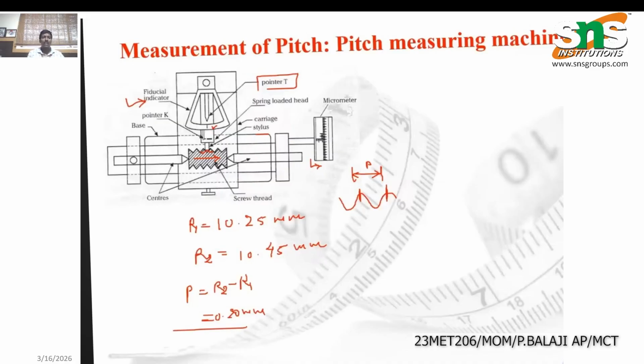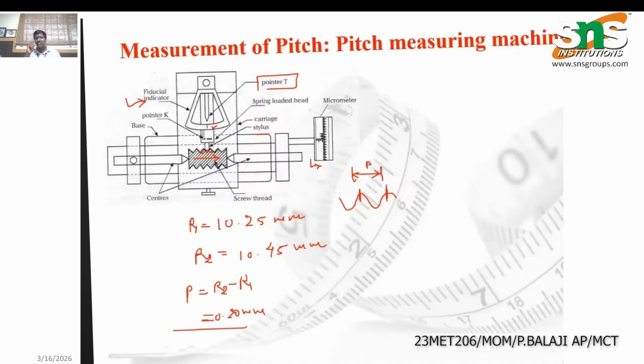Then we move to the next two crests, fix the pitch measuring part there, and again read the micrometer. This is the main part used to measure the pitch. We have to note every reading, R1, R2 and then R1, R2 again, based on the distance on the micrometer.